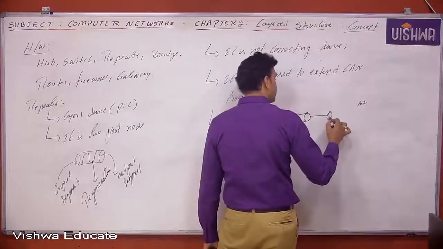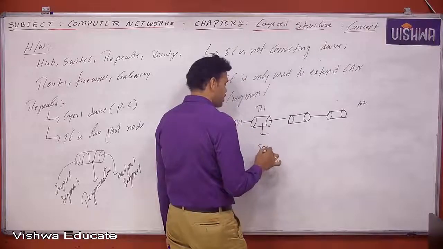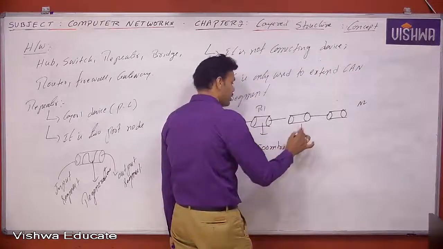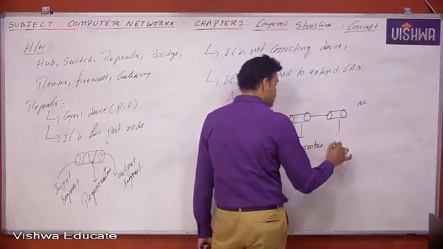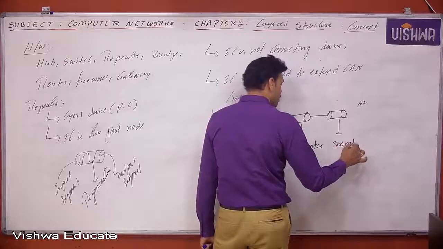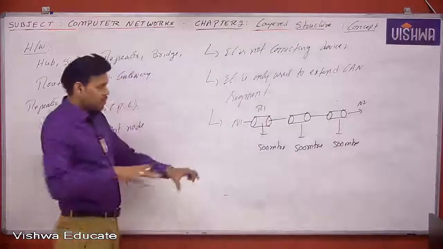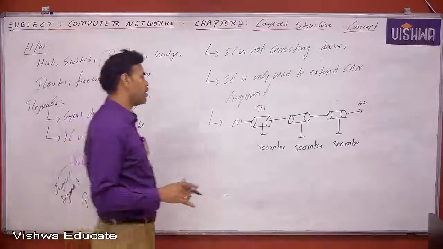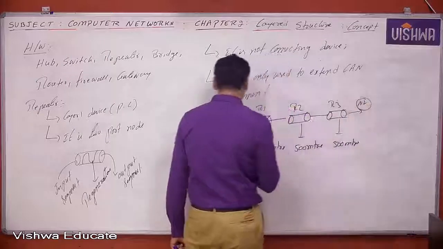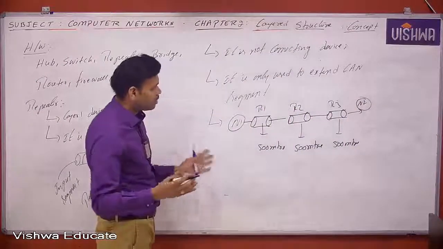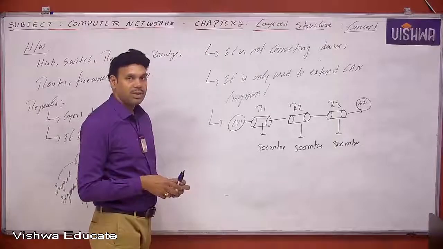Assume each can extend up to 500 meters. And finally, you are able to communicate with others. So you want to extend a network: attach the input cable and extend the LAN, so that with the help of repeaters, the distance of the network can be expanded.